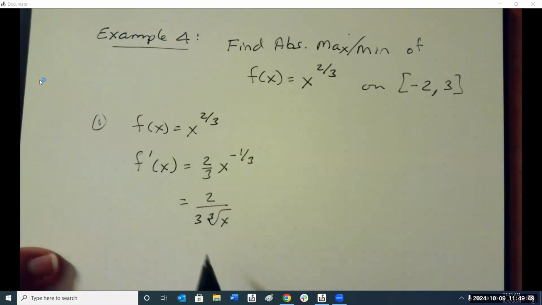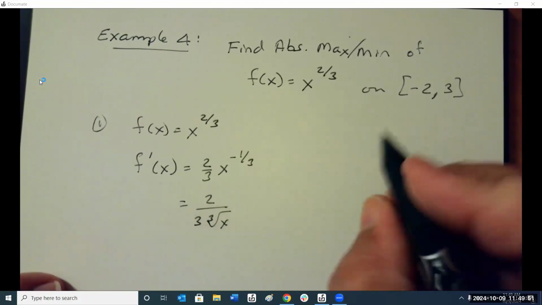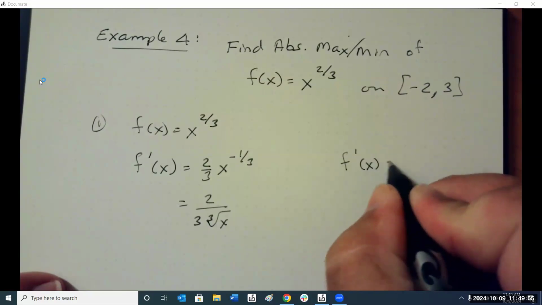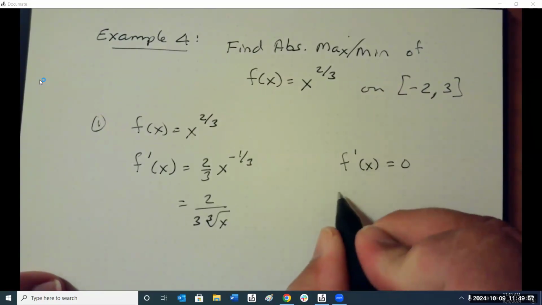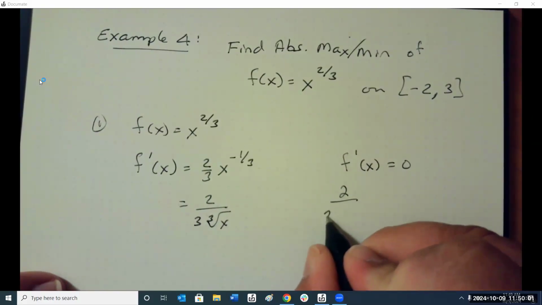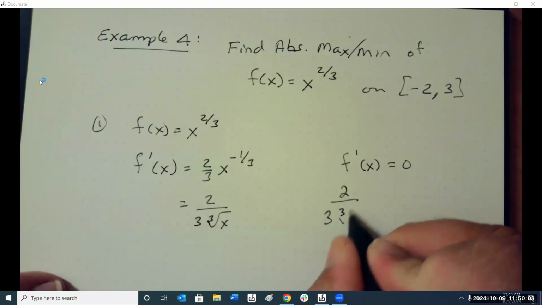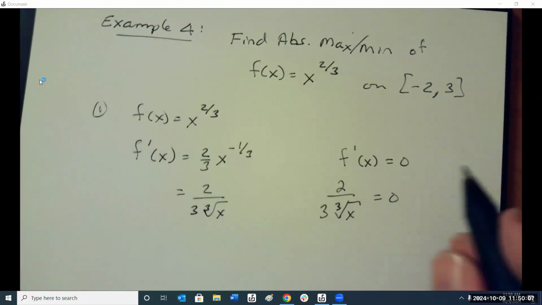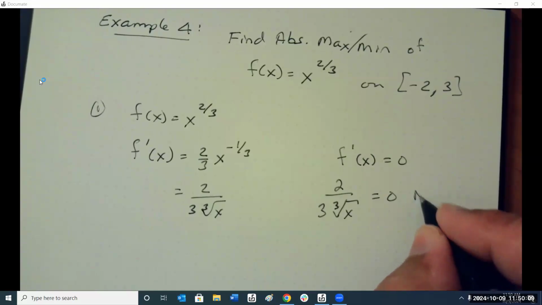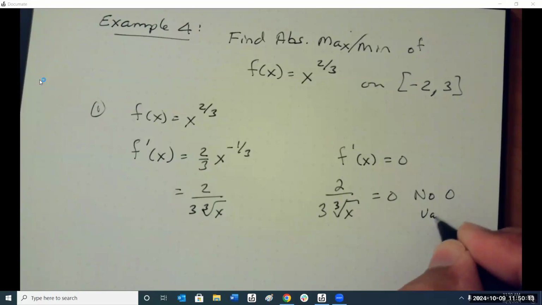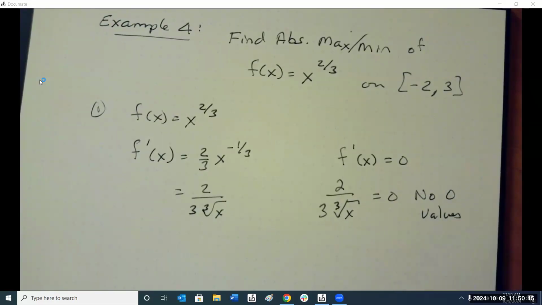Okay, so set your first derivative equal to 0. So we have 2 over cube root of x is equal to 0. No zero values, because the only way a fraction can equal 0 is if the top is equal to 0.